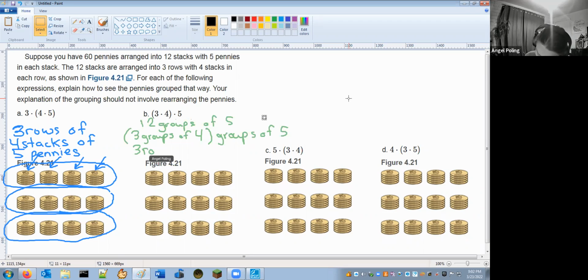So this is 3 rows. Let's see. How am I wording this differently? It's almost worded the same. 3 rows of 4 stacks.